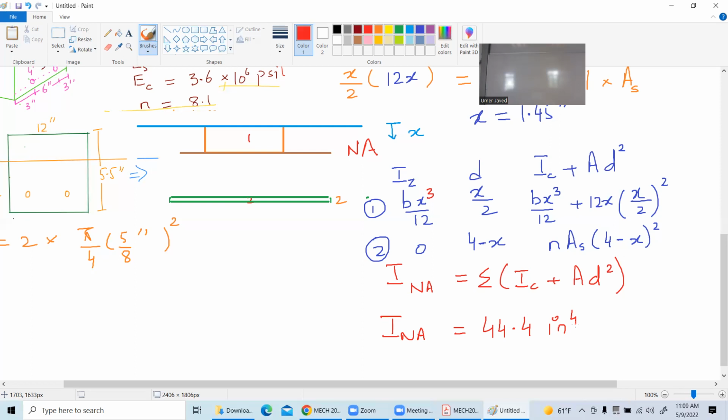But if I want to find the moment of inertia of this about a line that is sitting here, I need to use parallel axis theorem. I will find the moment of inertia of this about this line. Then I will add A d square. So the distance between the centroid of this all the way up to the line about which I am trying to find the moment of inertia. Okay.